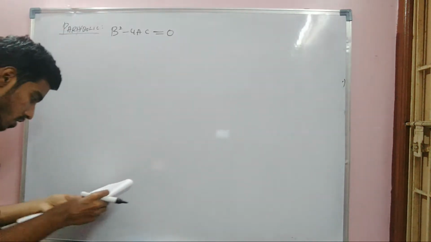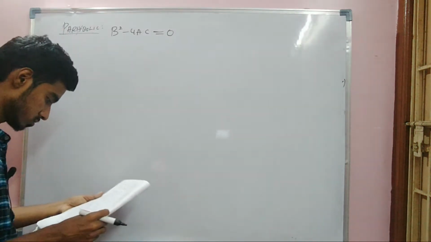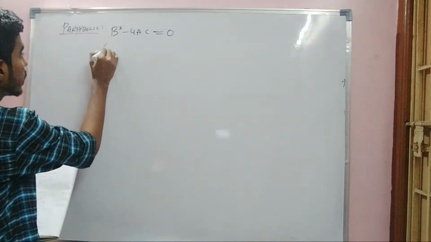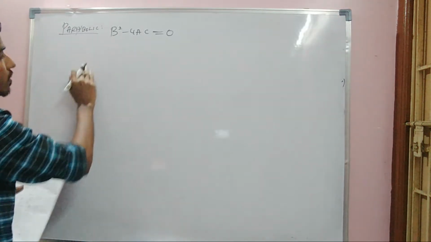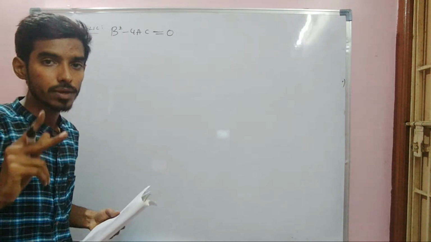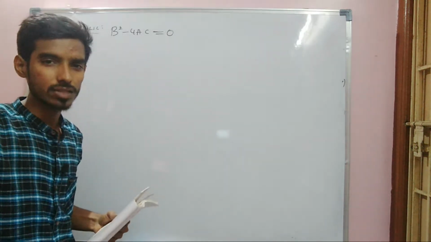In order to find theta, there we have used two formulas, dy by dx is equal to minus half b minus on that formula.